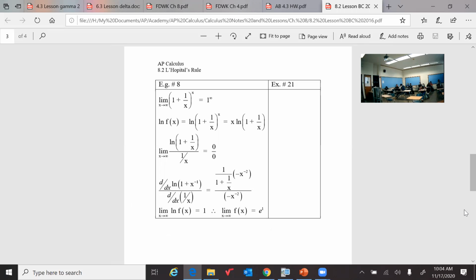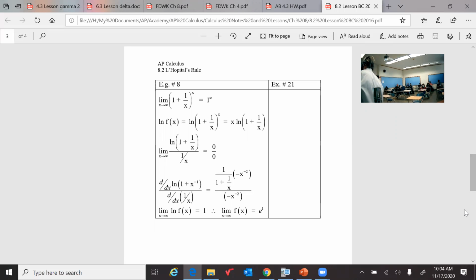So this thing is 1 raised to infinity. You want to know, how is this behaving, right? As x goes to the right without bound. And the point is, you have to manipulate this. You can't apply L'Hopital's rule unless it's in the form of 0 over 0 or infinity over infinity.